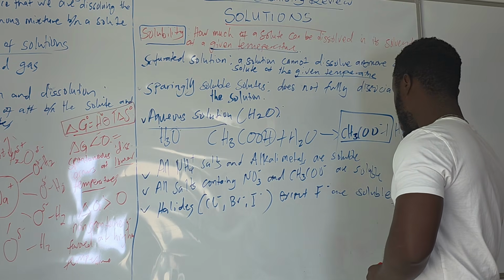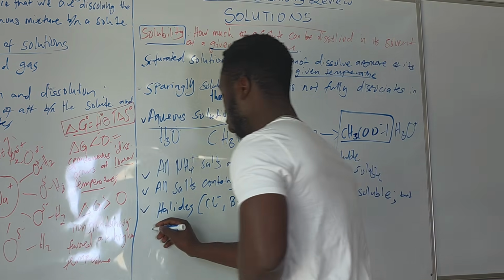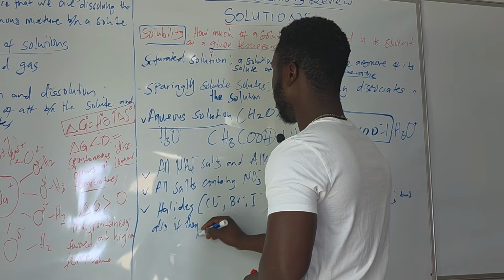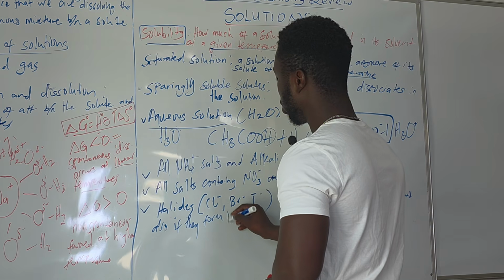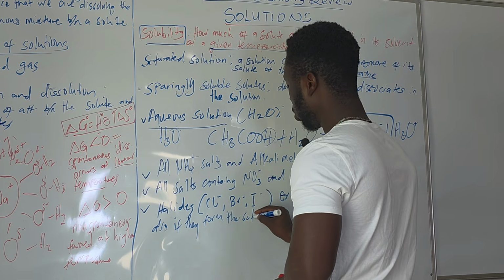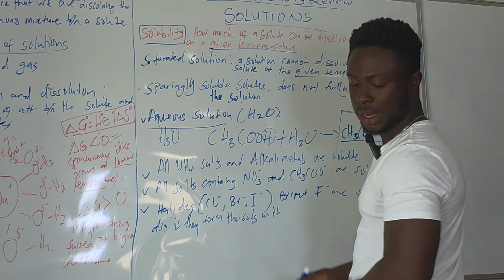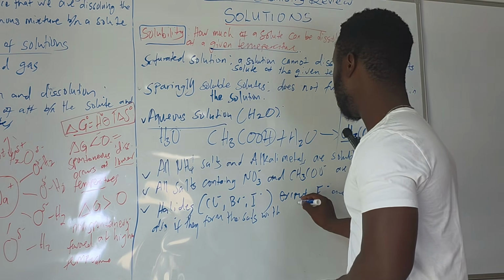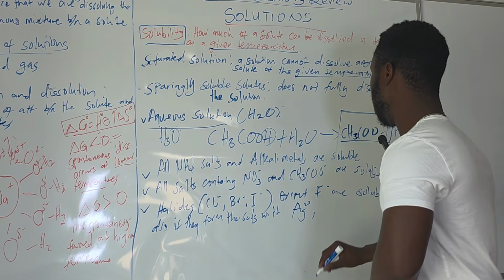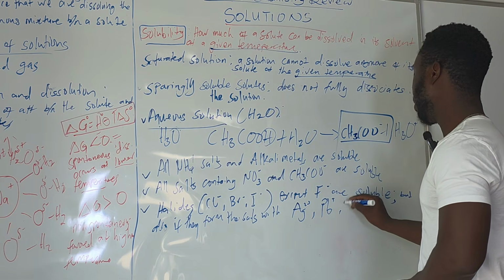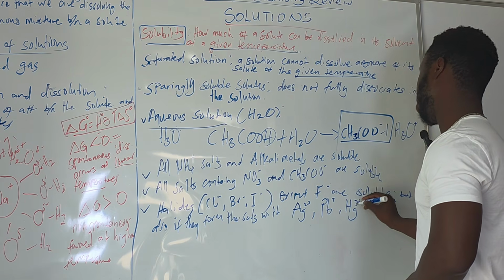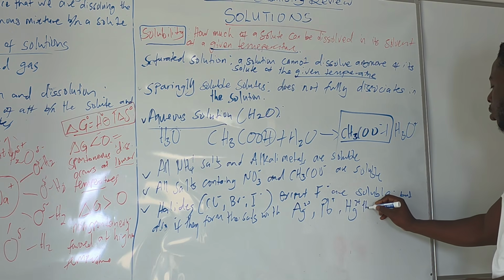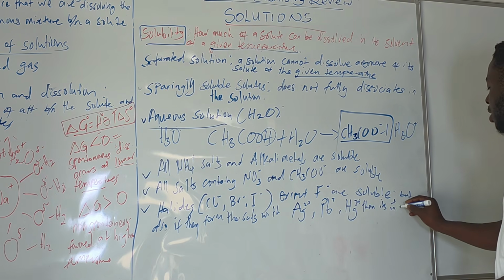But also, if they form salts with these musketeers over here, which are silver, lead 2 plus, and mercury 2 plus, then they are insoluble.